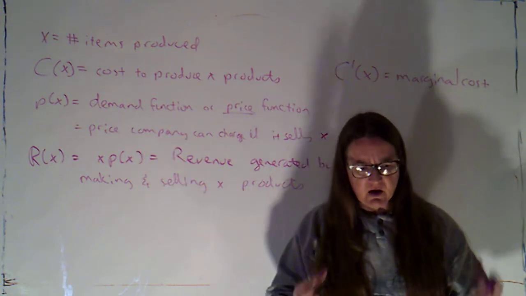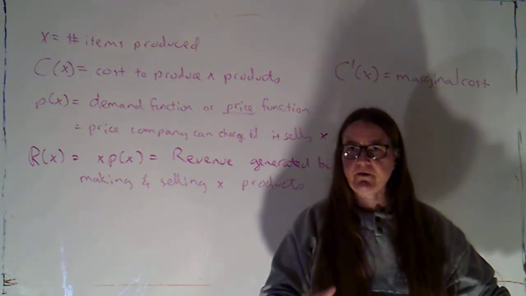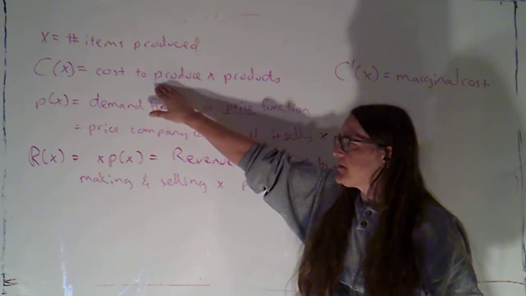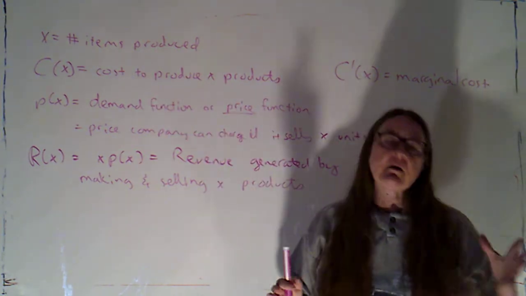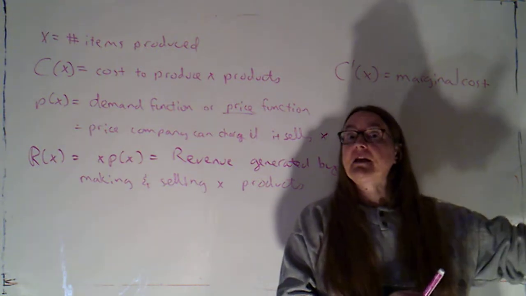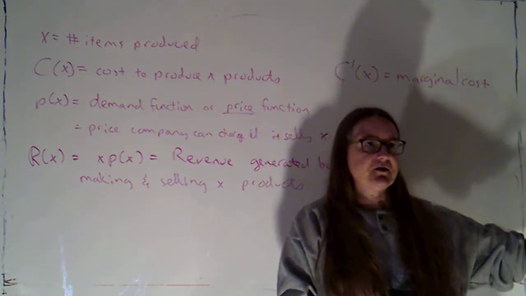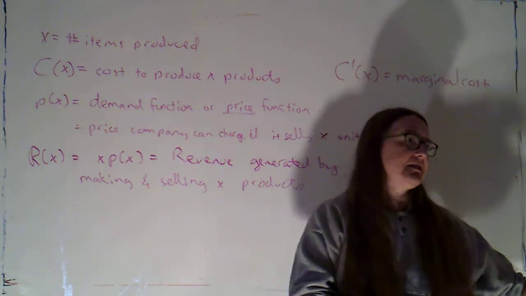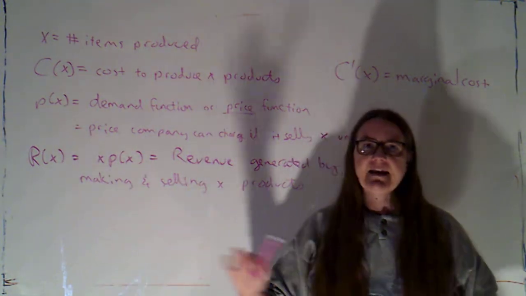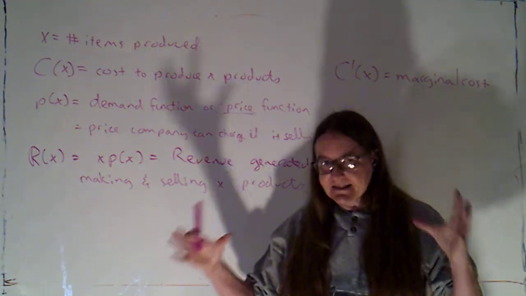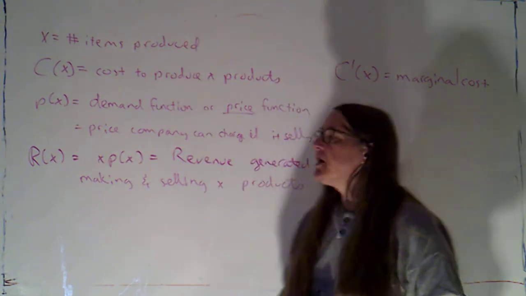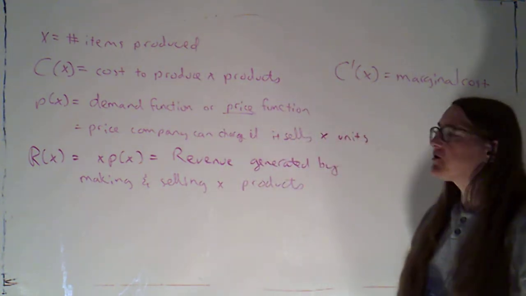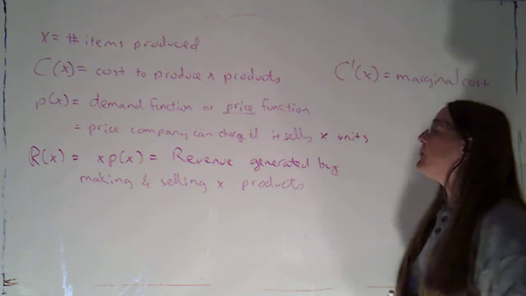Because if we produce a whole bunch of objects and they just sit on the shelf and we don't sell them, we have spent money to make them and we're not getting any money from selling them. Now, it might be advantageous to overproduce by a little bit so that customers don't have the experience of, oh, it wasn't at this store, I have to go to that store to get it. But we're going to simplify things and just say we're trying to sell everything that we manufacture. So we're trying to set the price so that we can sell everything that we make.